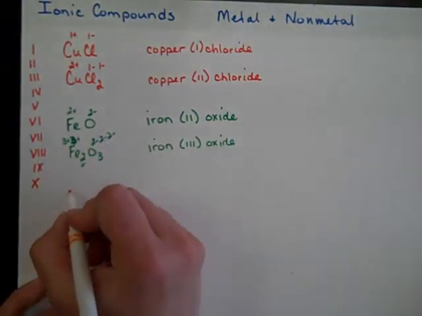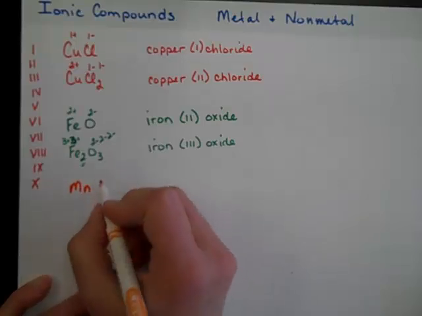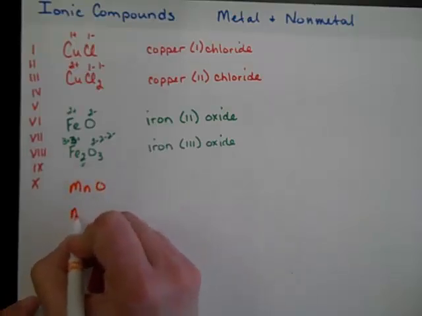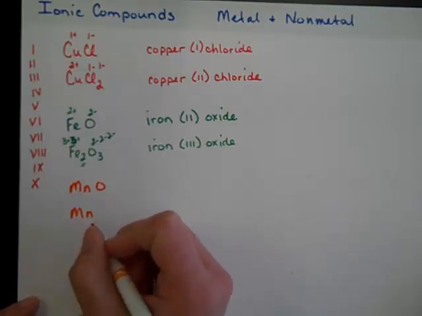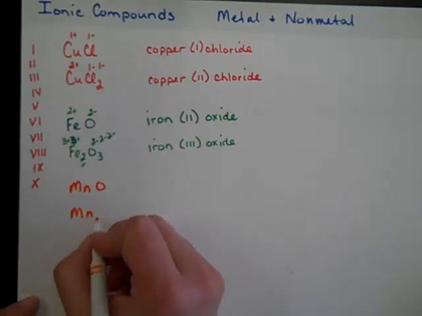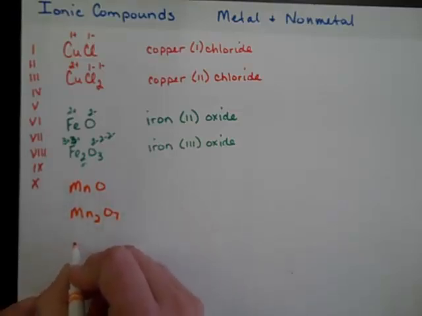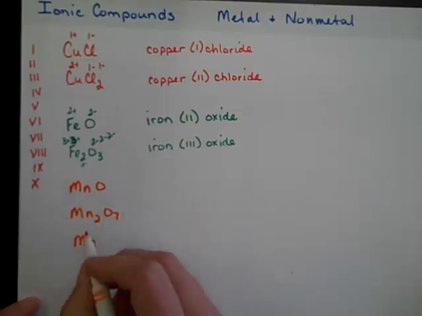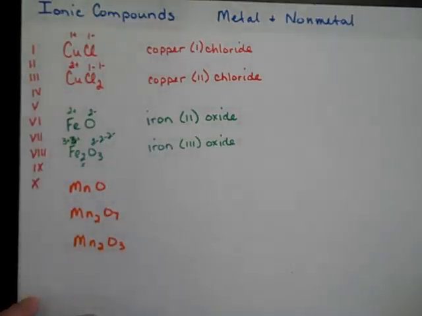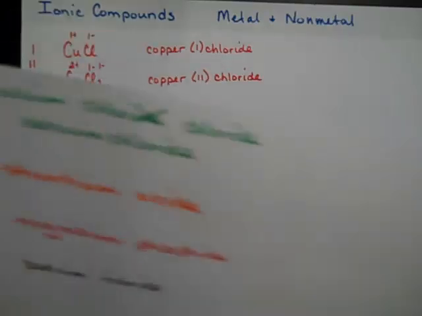Now here's one that's fun. Let's see here. What would we have? Manganese is a really fun element because it can just do all kinds of things. Manganese can have a lot of charges. Now I want to point this one out because Mn is not the same as Mg.